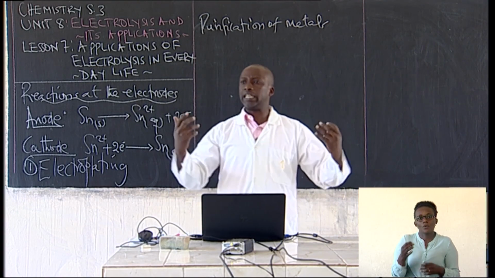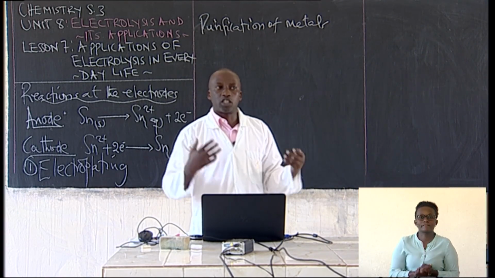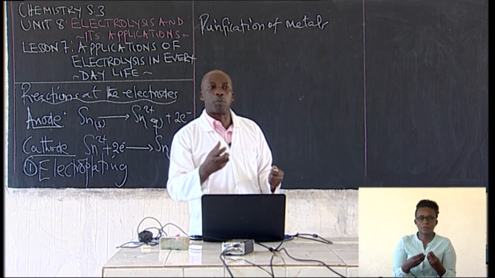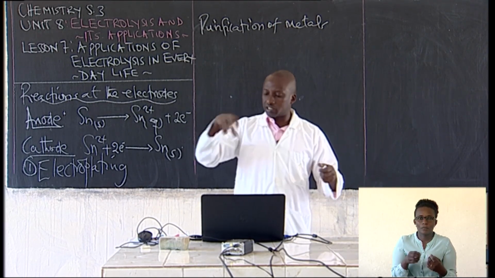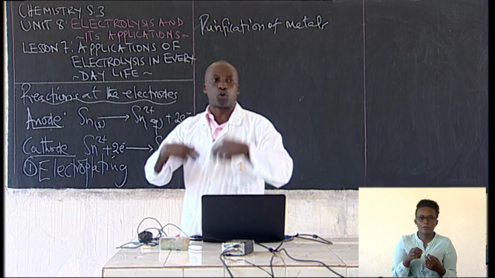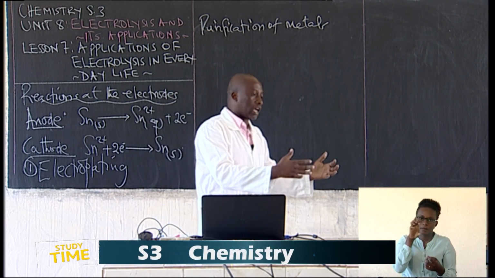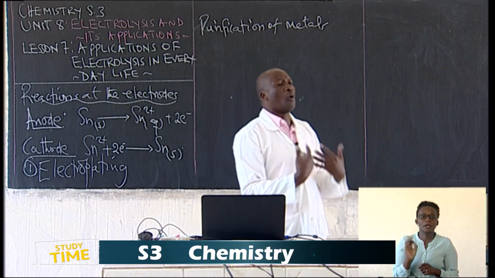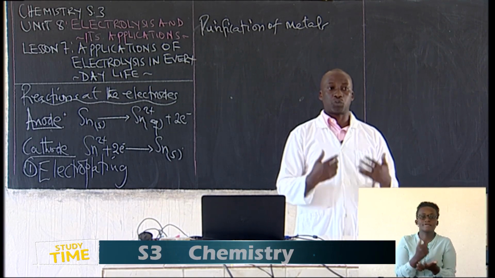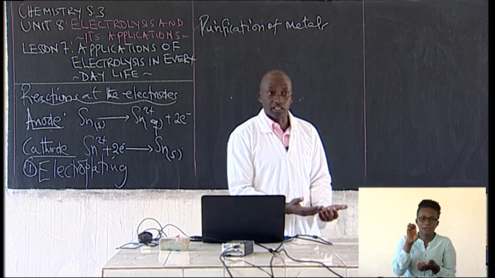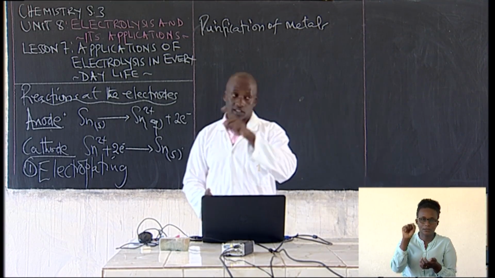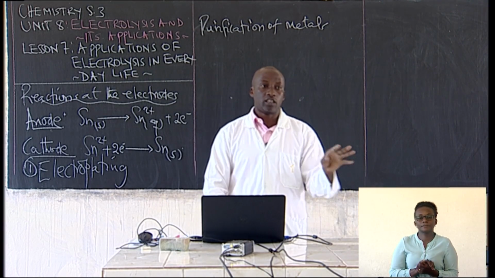Purified, refining. That means during the extraction of copper, copper is not extracted in its purest form. It has some other components with it, especially the oxides. Copper is very useful as far as wiring and electricity are concerned.